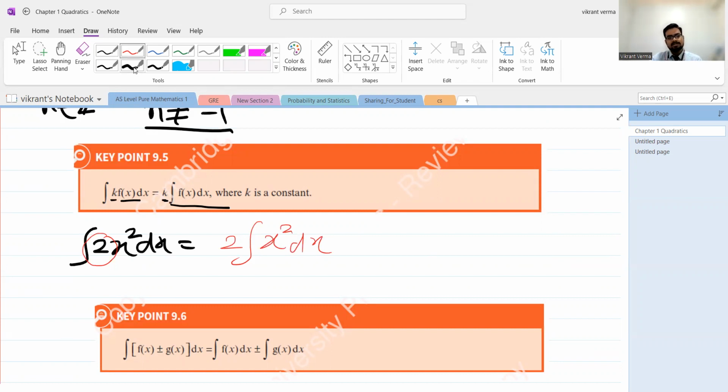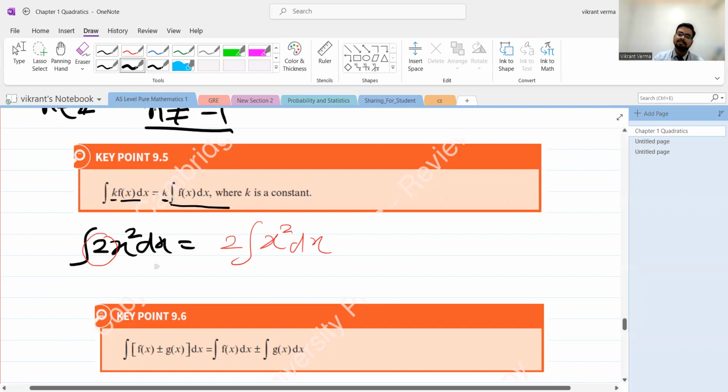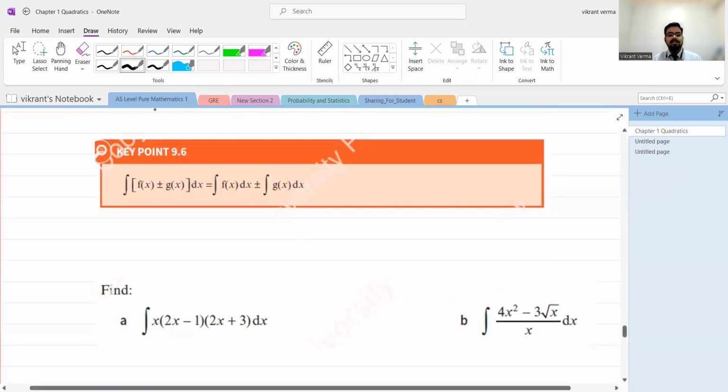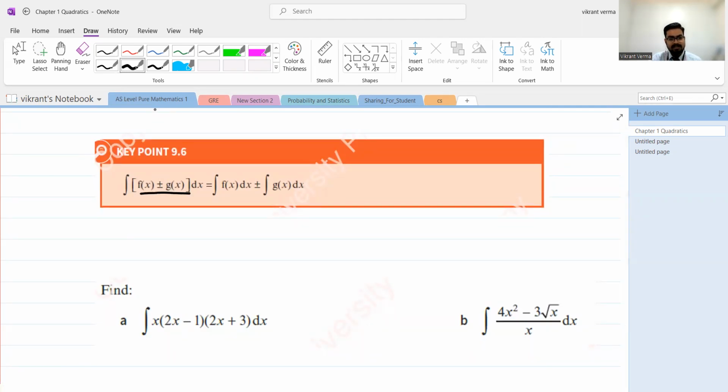And all these rules, it is not that they have just come from the sky. This rule is derived from some of the geometrical aspects of integration, and if time permits, we will see all those derivations also. Similarly, the next rule is that if you have two functions in addition or subtraction like this, f of x plus or minus g of x with the integration sign, you can distribute the integral across the two functions.